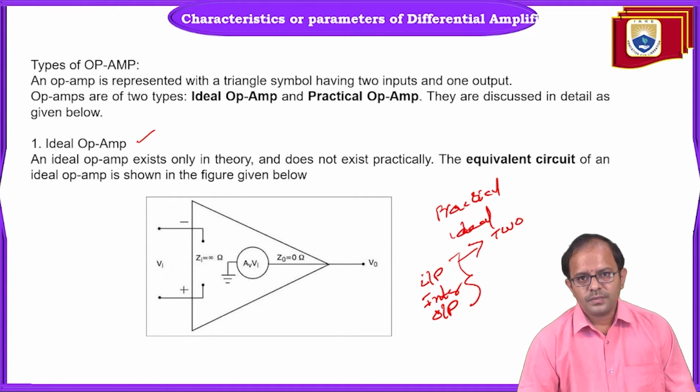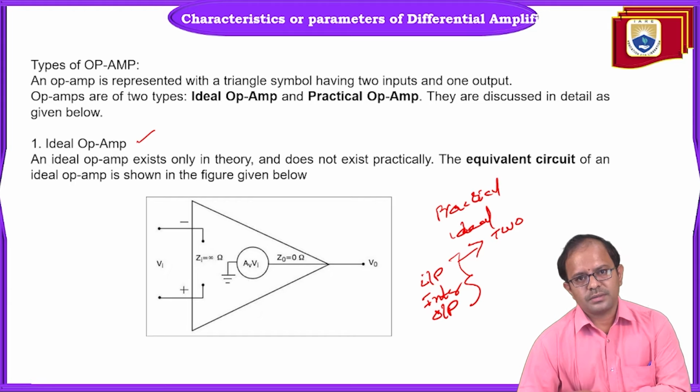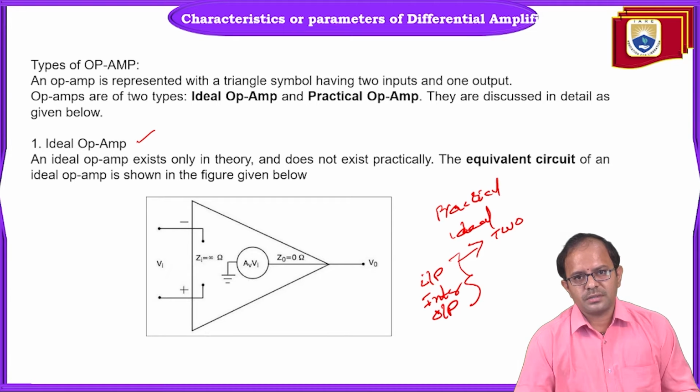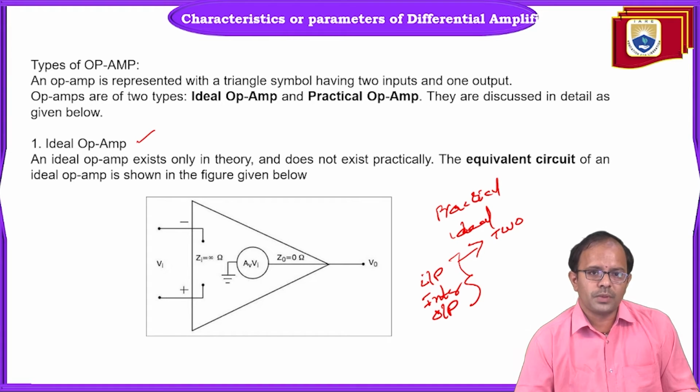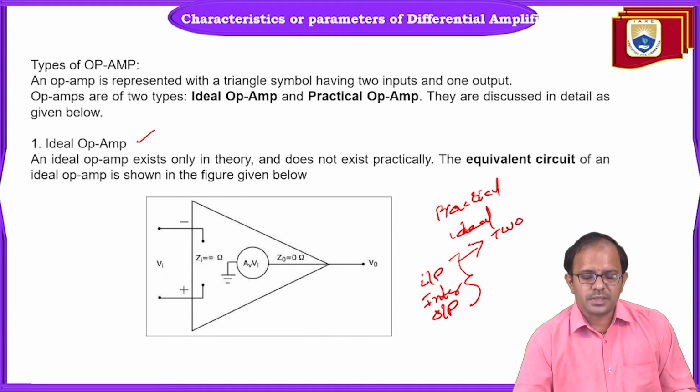We have seen in the previous lecture what differential amplifiers are and what the various types of differential amplifiers are. We have seen there are four basic types, depending on the input and output configuration. The differential amplifier consists of two transistors, Q1 and Q2, whereas the output is collected between the collectors of the two transistors.